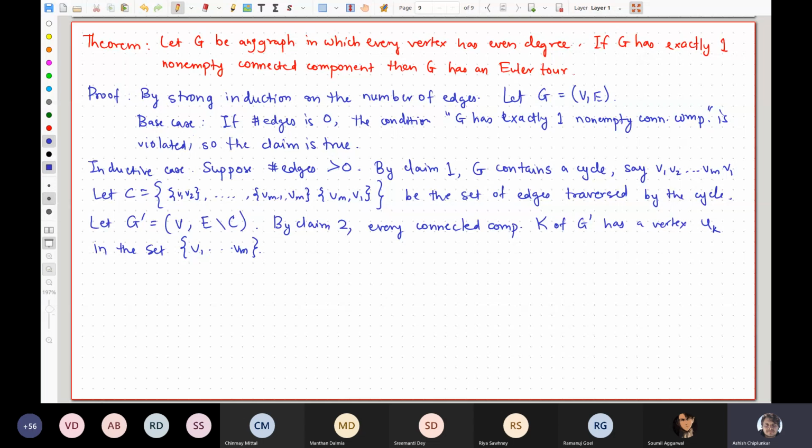That's what claim 2 tells us. Is everything okay up to this point?